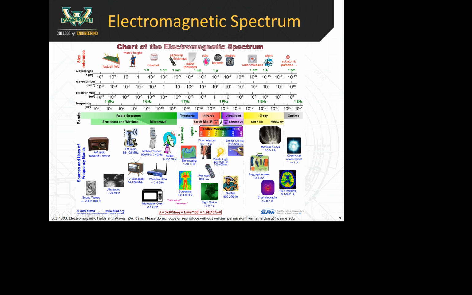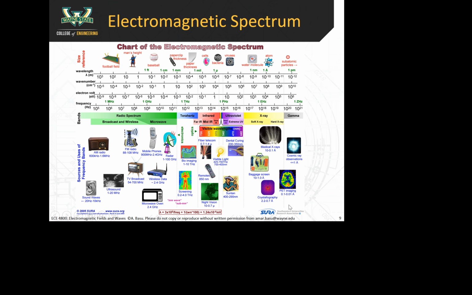Once you start getting into higher frequencies, that means higher energy, and those types of waves can be used for other applications. For example, X-rays are around 10 to the 19th hertz, and their typical wavelengths are on the order of 10 to the negative 10 meters. That's used for medical imaging, baggage screening, and something called crystallography.